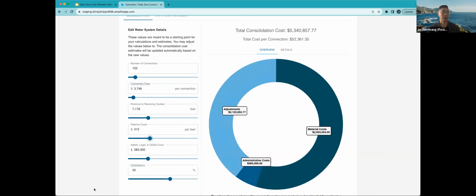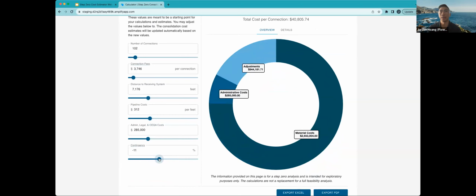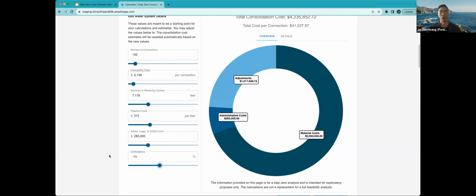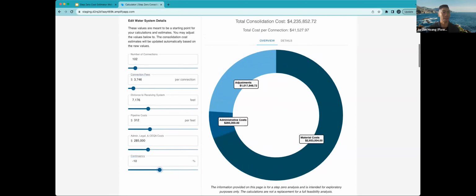Earlier, there was a comment about grants and loans. The initial quick implementation of how we can try to account for financial assistance is giving this contingency slider the ability to go into the negatives to account for funds that the water system would be receiving.